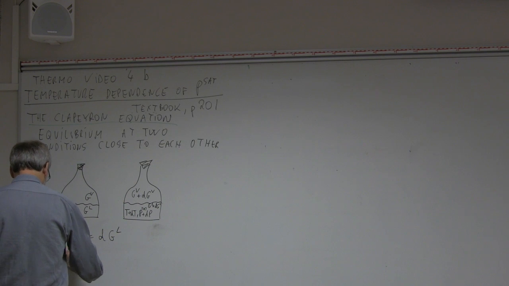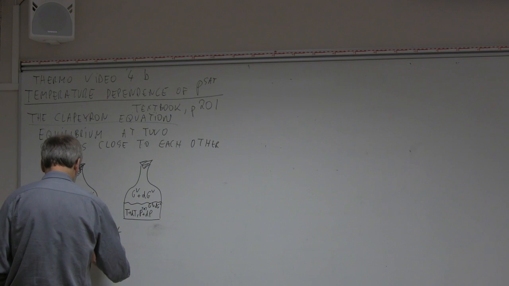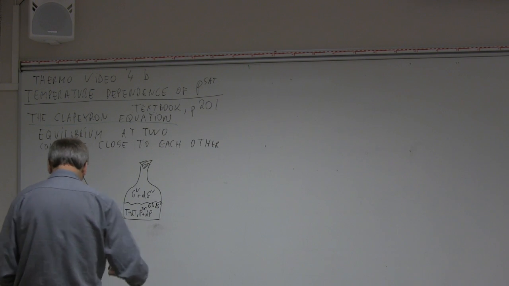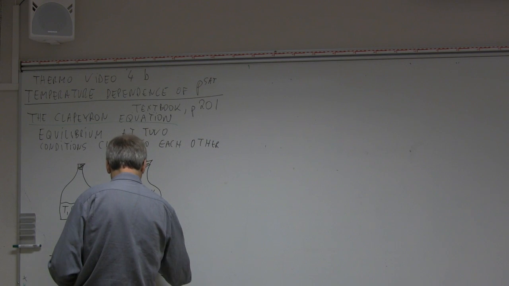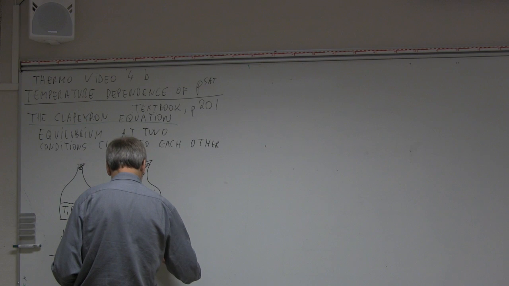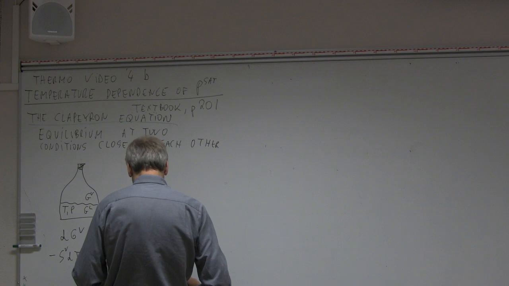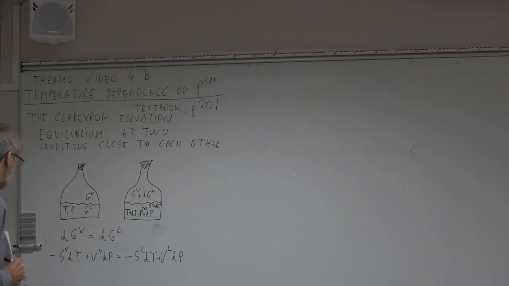So minus SV dT plus VV dP equals minus SL dT plus VL dP.